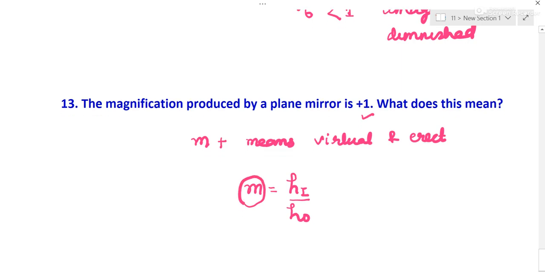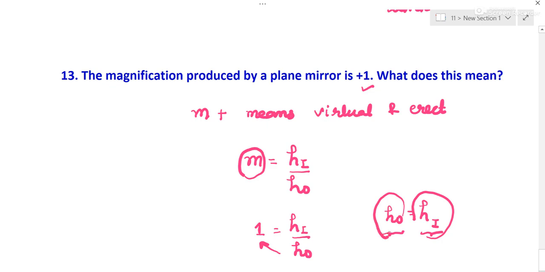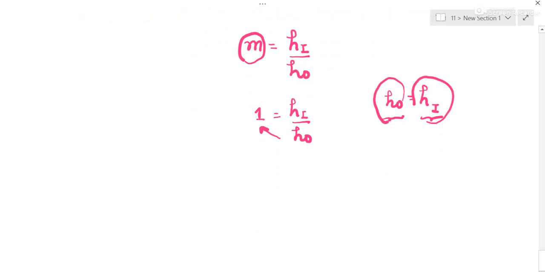The magnification is how much here? 1. So 1 is equal to height of image by height of object. So what is the meaning of 1? 1 means the height of the image is equal to the height of the object. That is, the image is of the same size as that of the object. So these are all the meanings. Let us get to the next.